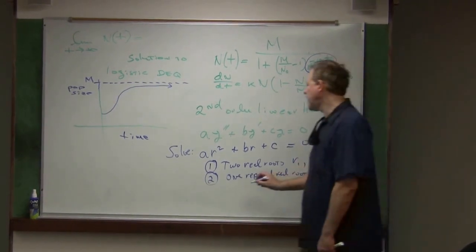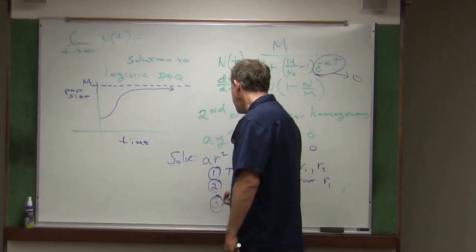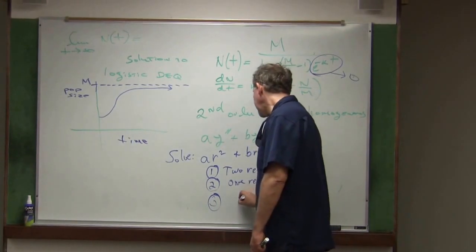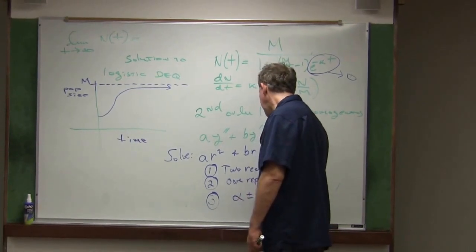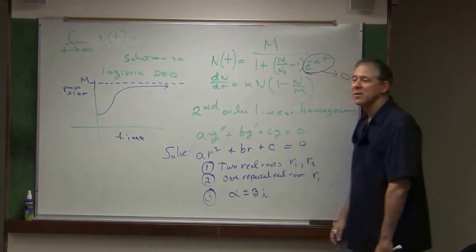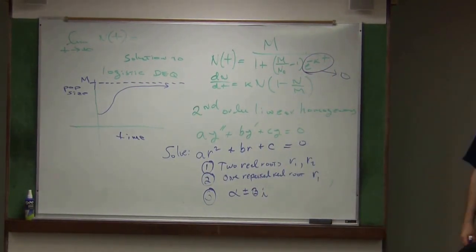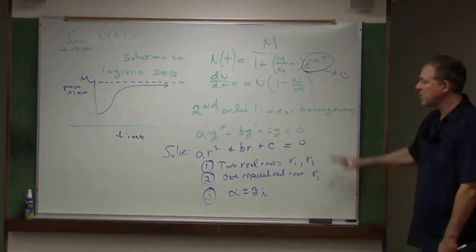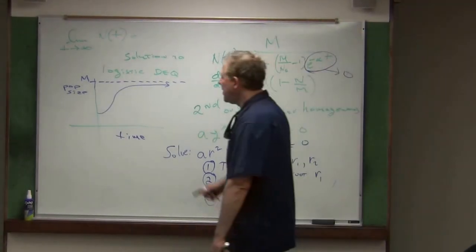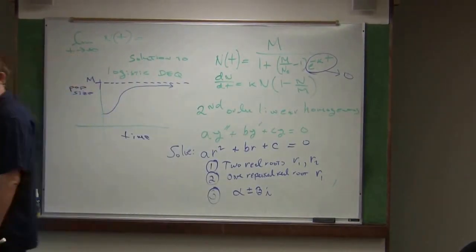And the third thing is you can have alpha plus or minus beta i as a solution. You get a complex number and its conjugate. So there are 3 cases, and those 3 cases determine the answer.